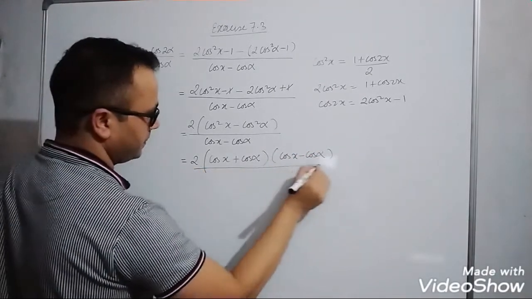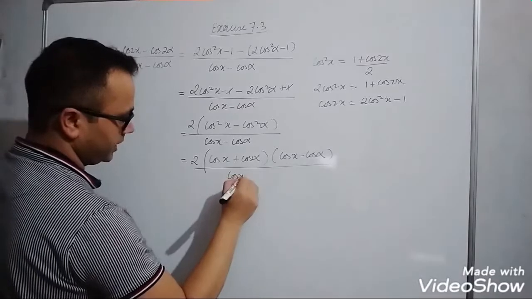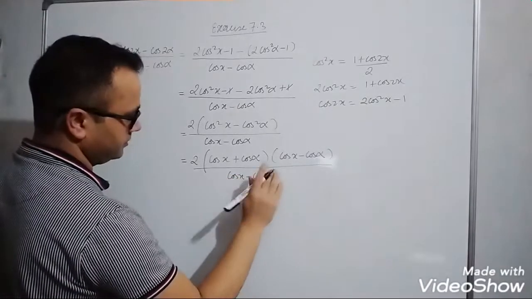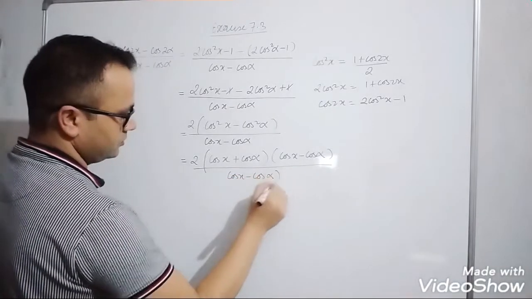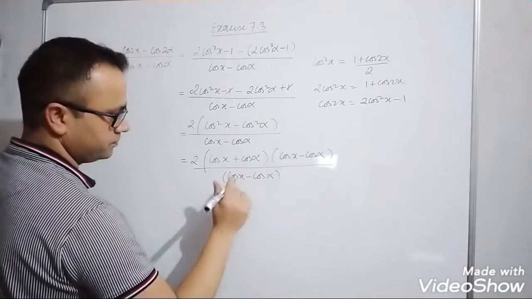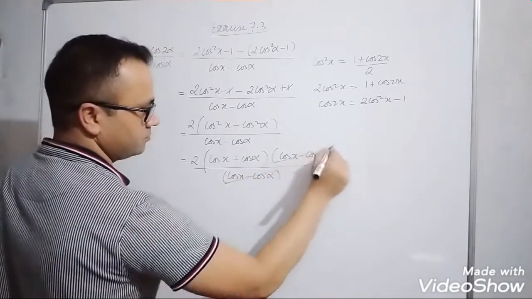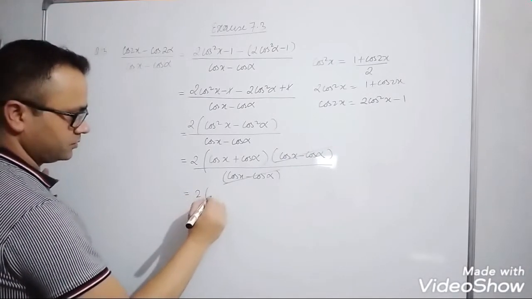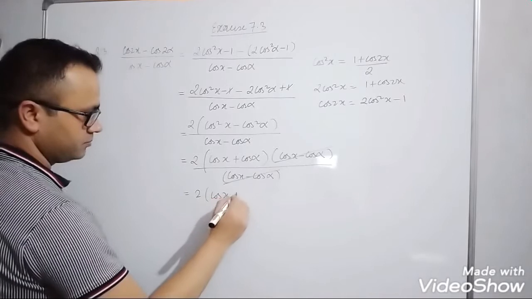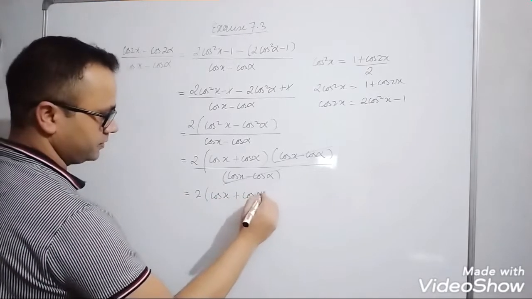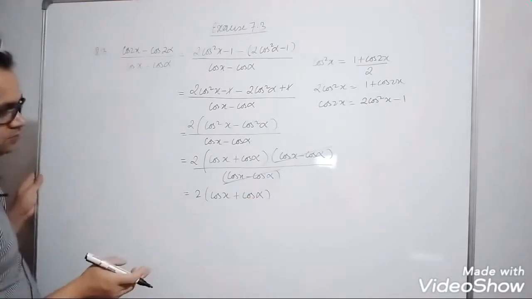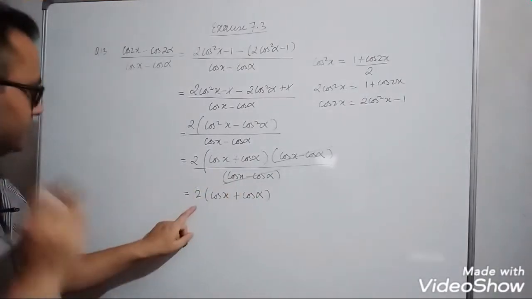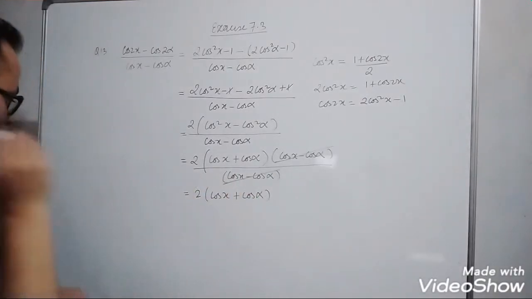divided by cos x minus cos alpha. We can cancel these two because they are the same. So left is 2 into cos x plus cos alpha. Now we get the standard form, and we can integrate.